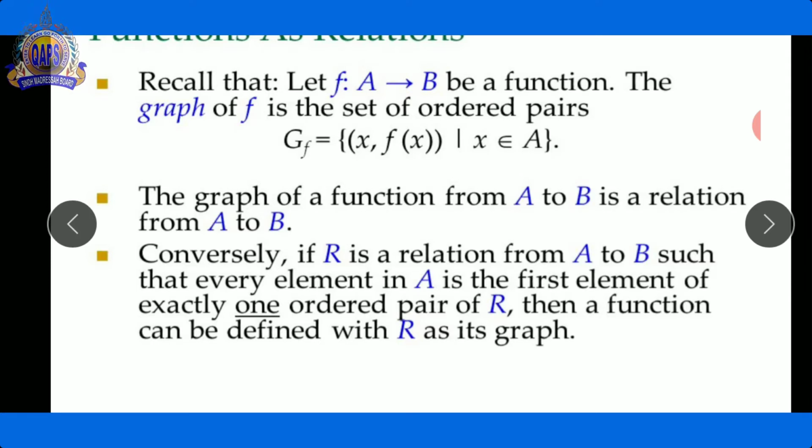In simple terms, every number gives us one different element. In this situation we can say that this is a function, because we give one input and the outcome is also one.